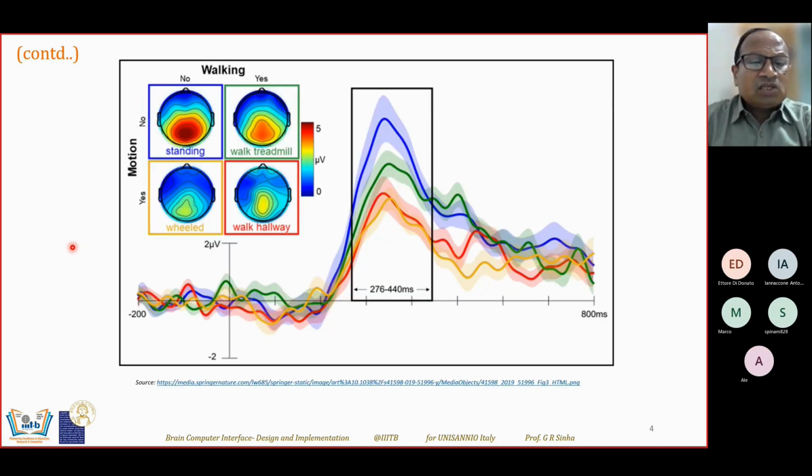So this is one example of the response, like the task. If you look here, if the person is doing nothing, there is no movement, there is no walking, the person is standing. In that case, you see the response in a different area. What I can say is evoked response potential, right?